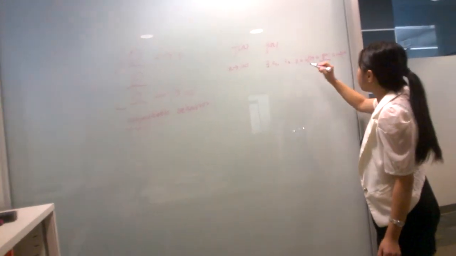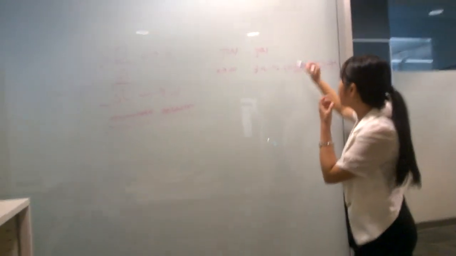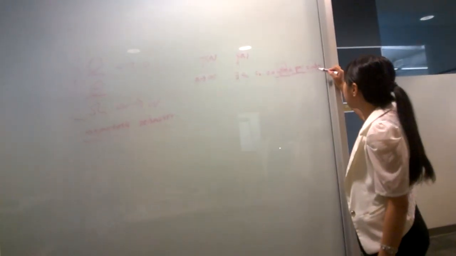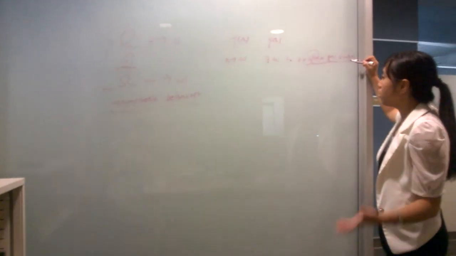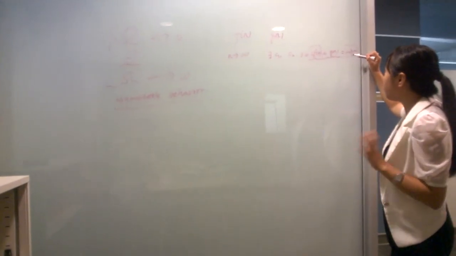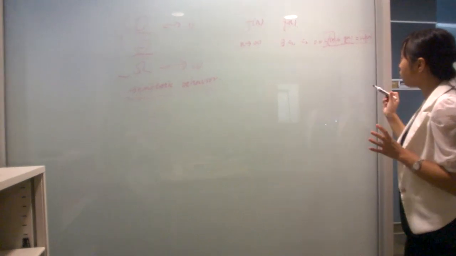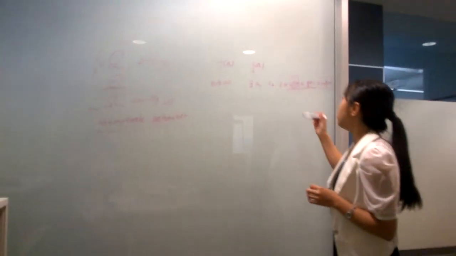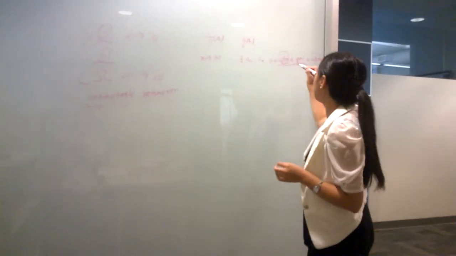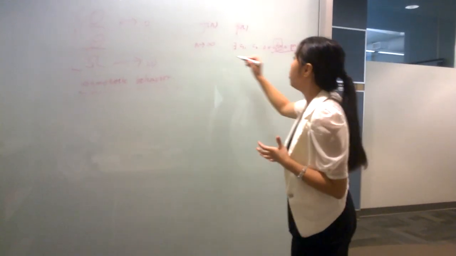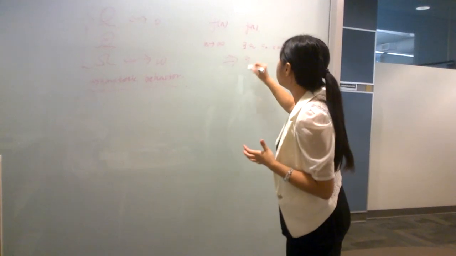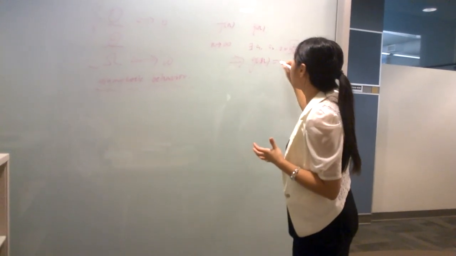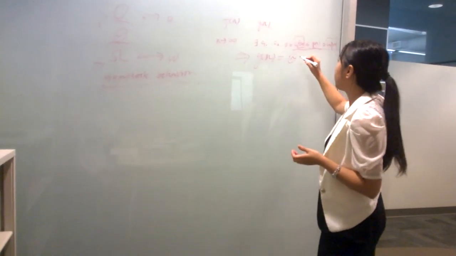So the relationship is like this: g(n) is between C1 f(n) and C2 f(n). So this f(n) is not only the upper bound for g(n), but also the lower bound of g(n). If f(n) and g(n) have this relationship, we call it g(n) equals big theta of f(n).